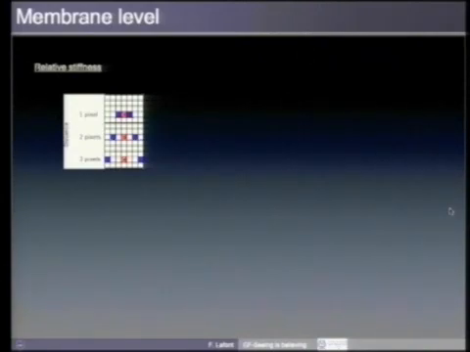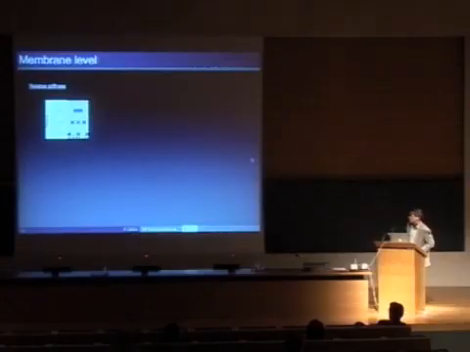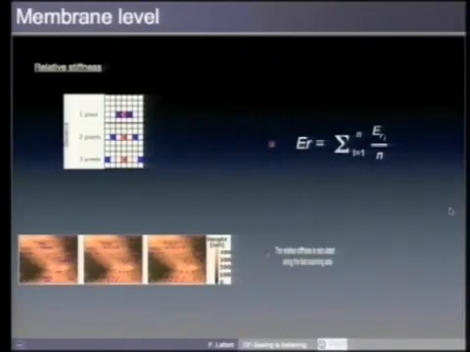This means that for each pixel, we are measuring and calculating the Young modulus, the elasticity of the structure, compared to the elasticity of the surrounding membrane. That is to say, comparing the elasticity on the red square to the elasticity on the blue square. This is the kind of scan frames that you can get. And then there is a lot of statistics, of course, behind to get the relative stiffness for a sample. And this is done, of course, on living samples.